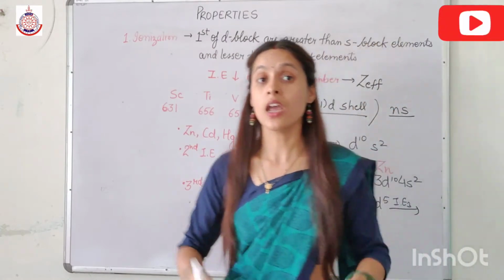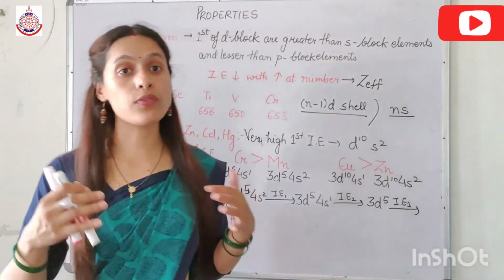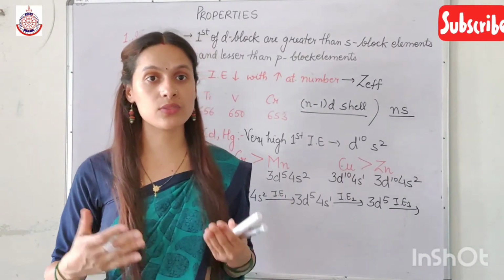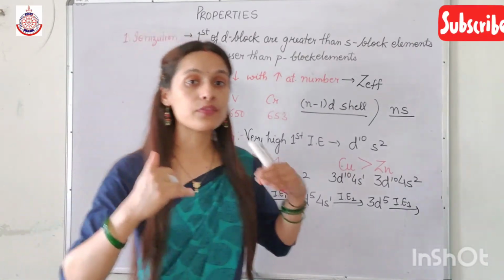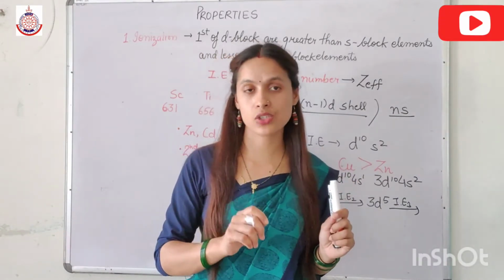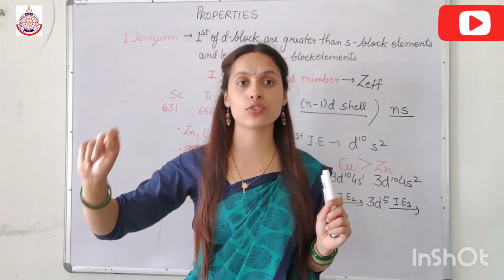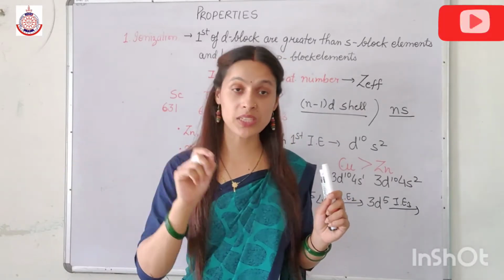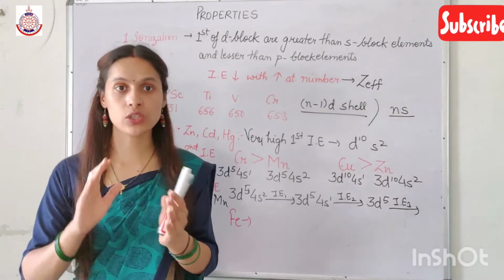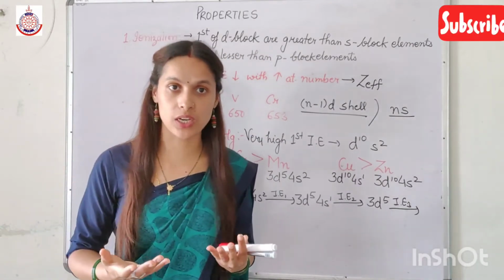But the third ionization enthalpy of iron is very less, because after removing the electron from the iron species in the third ionization enthalpy, we get the 3d5 configuration, which is the most stable configuration.